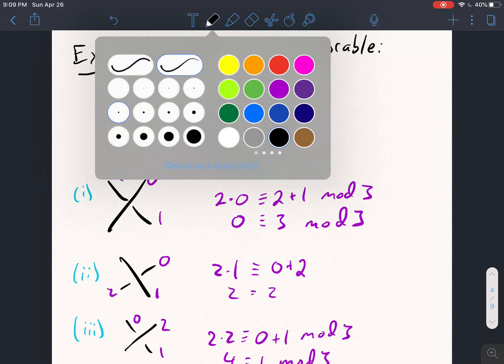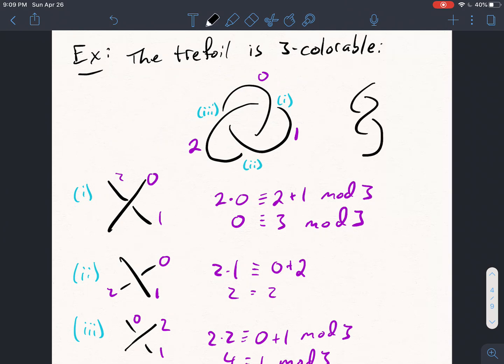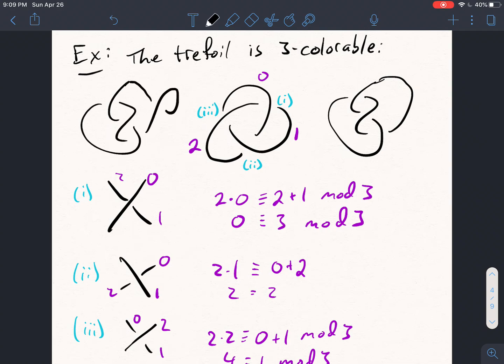So the theorem that goes along with this is that, alright, this is a 3-coloring for one specific picture of the trefoil. I could have given you this picture right here, and done a similar thing here. I could have also given you this picture of the trefoil.